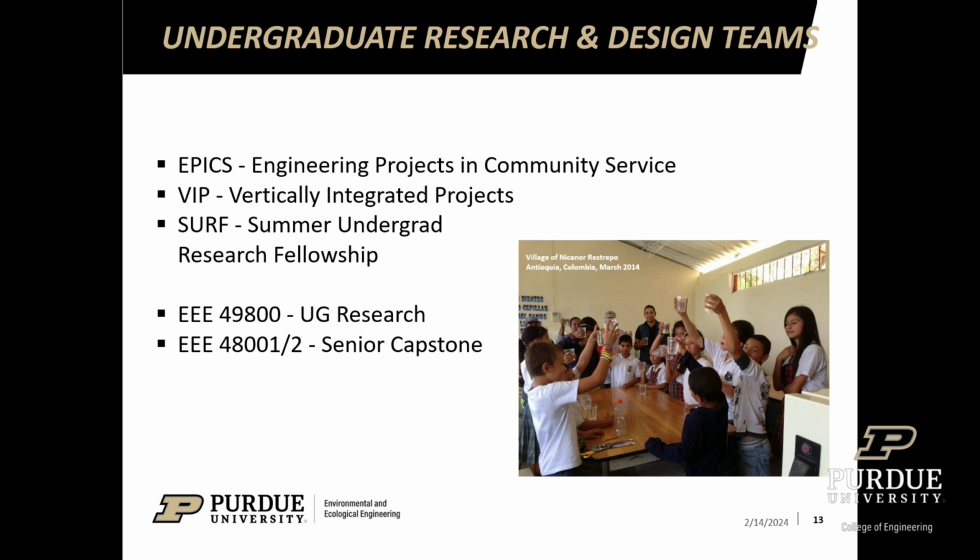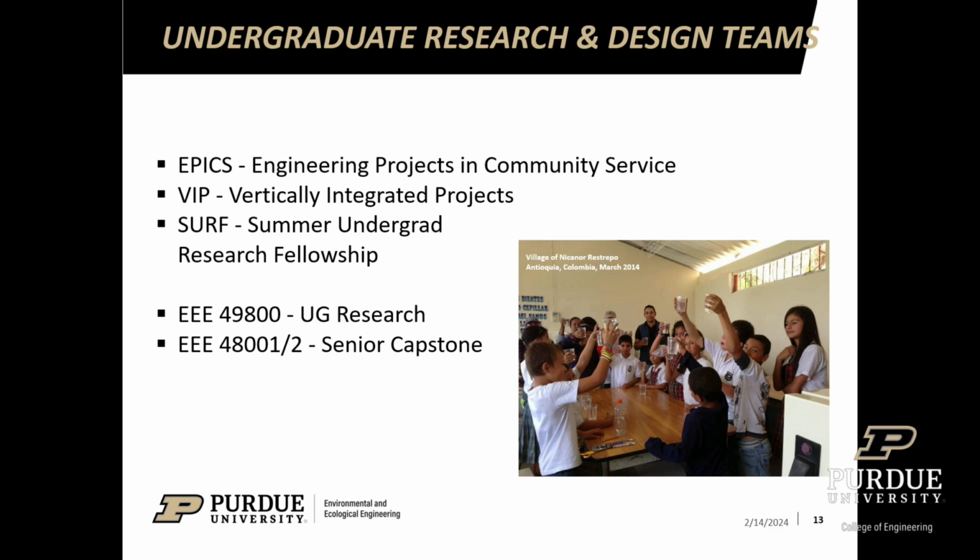Think about that. These last two bullets are specific to EEE. Our EEE 498 course is our dedicated undergraduate research course. If you connect with a faculty member and are going to be doing research for them, there's a proposal process that you would submit for our EEE 498 course, and your proposal is reviewed, and if approved, you can have a course specifically developed and designed by you and the faculty member.